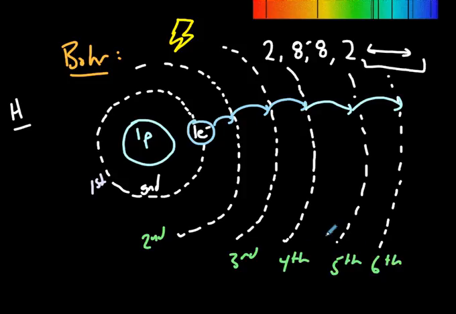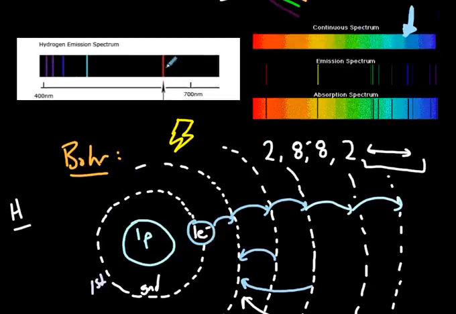I think that's all we need. And the ones that actually show visible light are when electrons fall back down to the second level. So they might fall from the third to the second, from the fourth to the second, or from the fifth to the second.